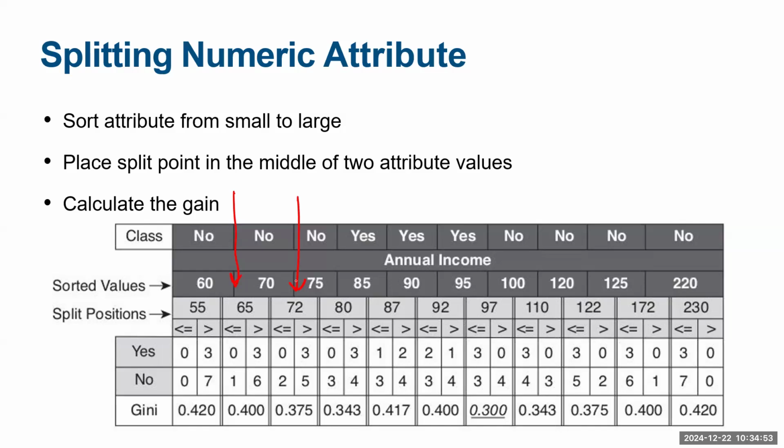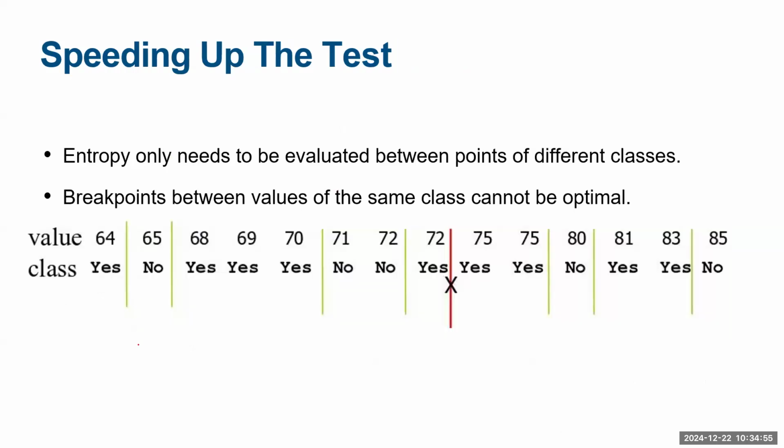So the way that you do the split, you only split when you change from yes to no or from no to yes. If two consecutive numbers have the same class, you don't want to split them, right? You only split when they are in different classes. So before, how many values do we have? We have about 14. So originally we have 15 splits, right?